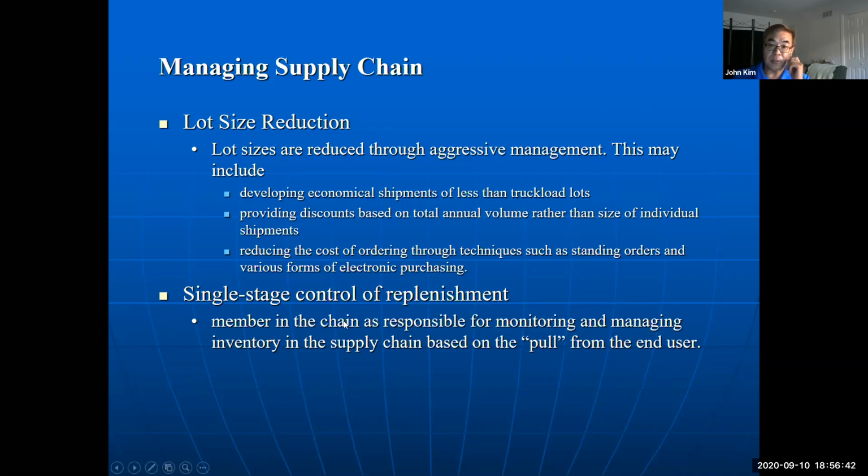And then single stage control of replenishment. A member in the chain is responsible for monitoring and managing inventory in the supply chain based on pull from the end user.